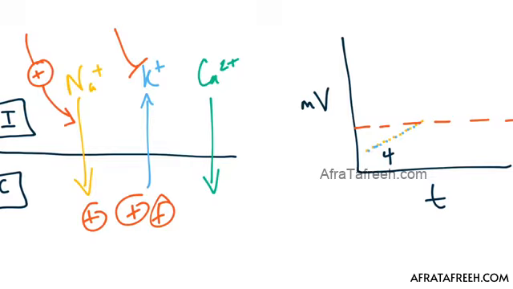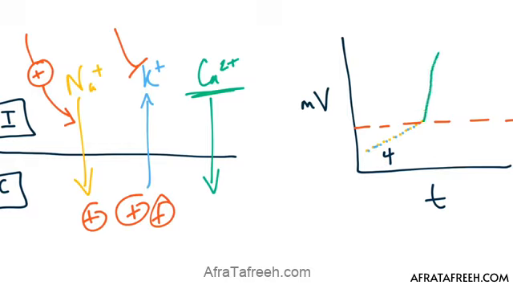At this point, voltage-sensitive L-type calcium channels open, and calcium rapidly enters the cell. This rapid change in voltage can be seen on the graph here. Again, this is called phase 0 of the action potential. The calcium channels then close, and the potassium channels are open again.